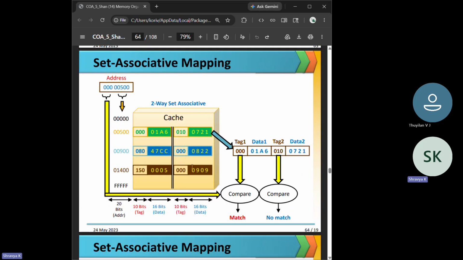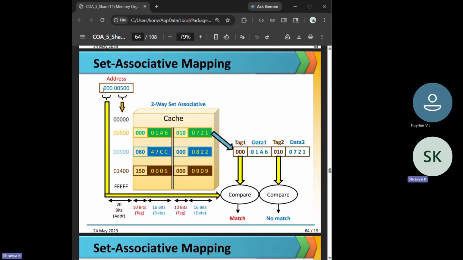So if you just look over here, this is your tag, and this is your index, right? If you look at the index and find a match over here, as you can see, there's a match that's found, and you will look at the corresponding entries in the cache, and you have to check with these two, right?